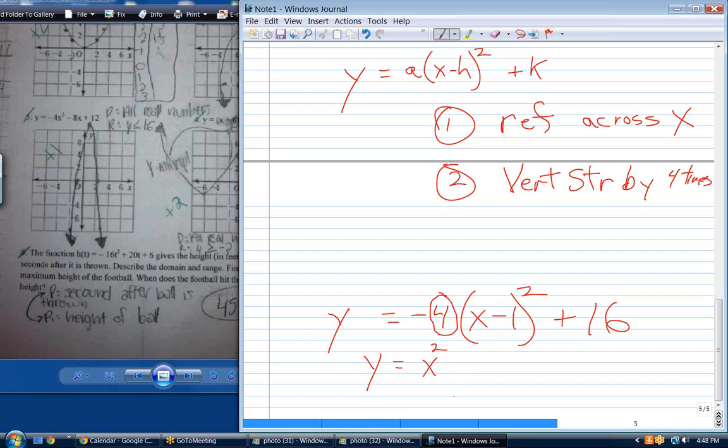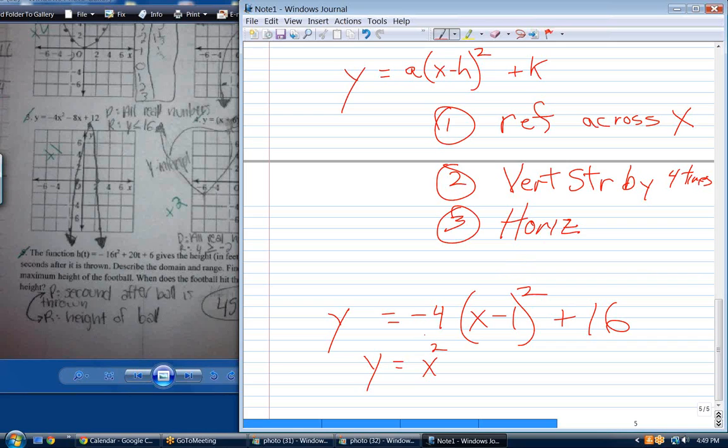What's the consequences of this negative 1 right here? It's a horizontal shift, right or left.